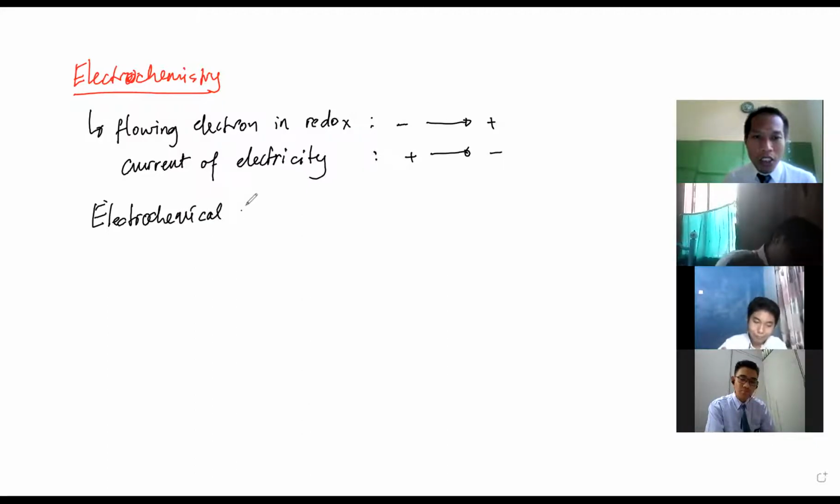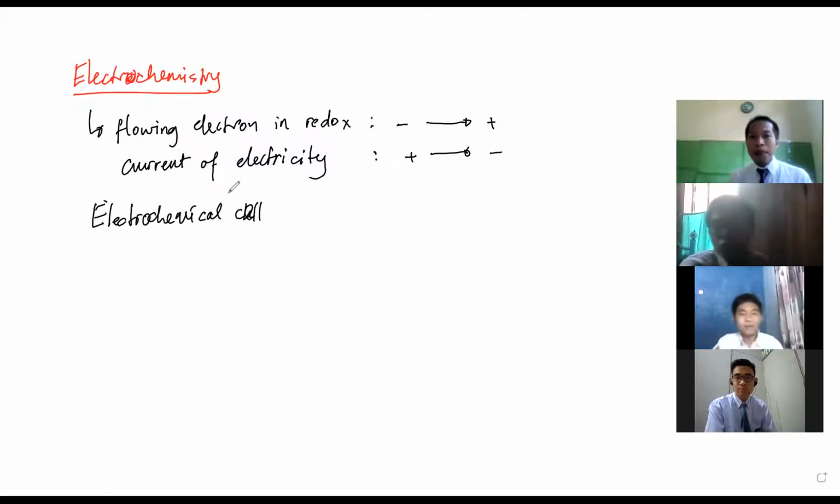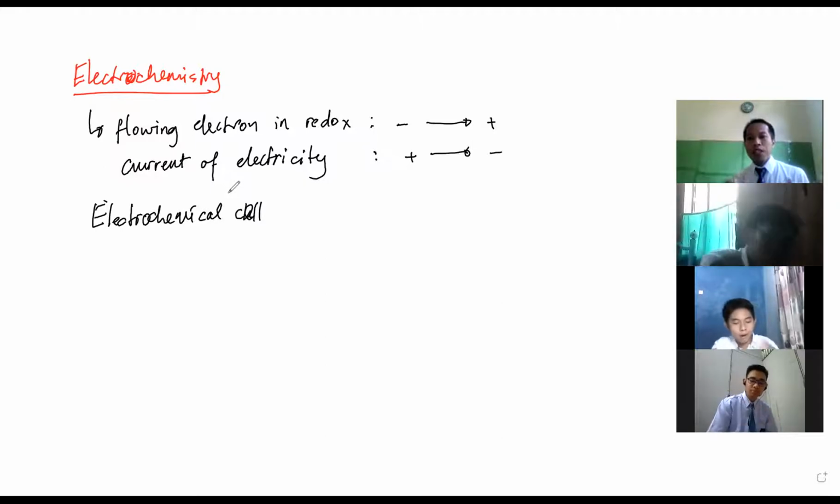So this electrochemical cell is the place where we can see the flowing of electron and current. It is a very important cell in learning about electrochemistry.